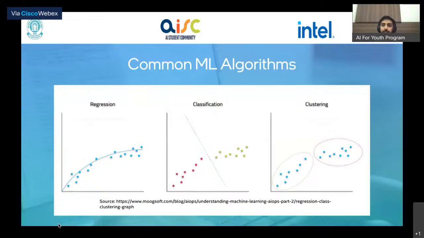What is a classification model? In a classification model, you are classifying the data into its respective classes. For example, in supervised learning, we saw that the machine is classifying the image into apple or banana. So it is classifying into apple class or banana class. That is classification, right?